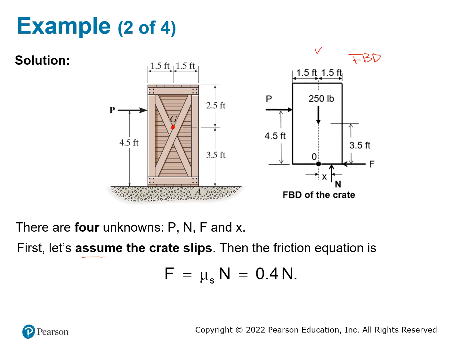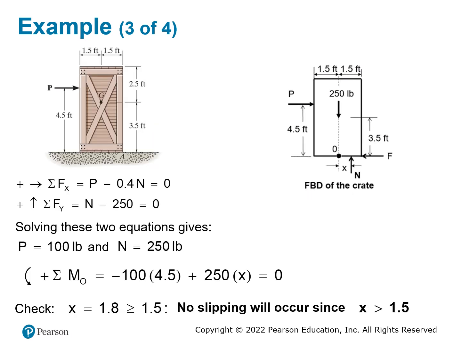And we're going to assume the crate is just right before it slips, so your maximum friction force is going to be equal to this. So this is the maximum friction force that is equal to mu s times n. You can keep the n over there because we don't know how much n that is. However, if you go to the next equation, by the summation of F y, the normal force is equal to its weight, and those are the only two forces in that direction.